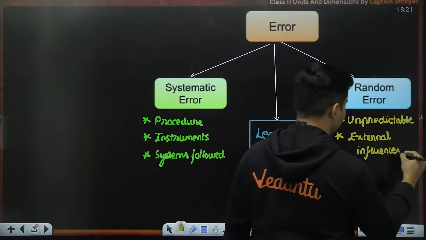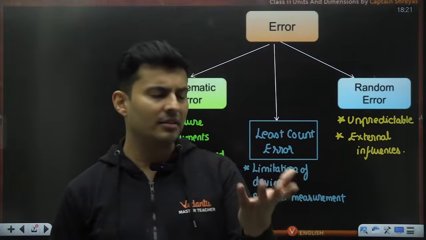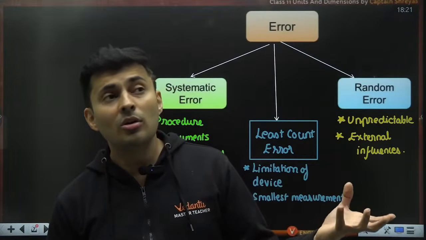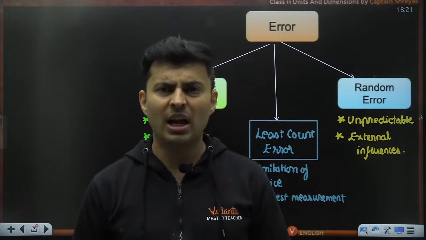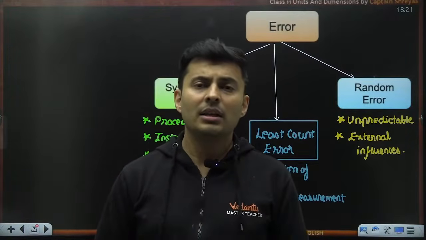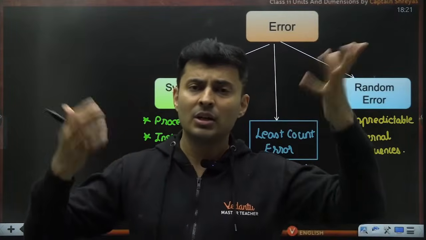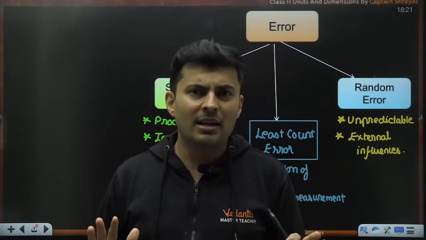For example, you are measuring how much mass is there in this pan, but suddenly your friend was walking outside, so you did not look properly and you wrote some other reading. Random error. Okay, suddenly today was hot, so the scale expanded. Because the scale expanded, you took a different reading. Gone. Okay, so completely random, guys.